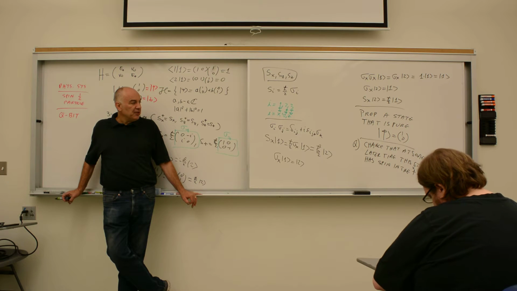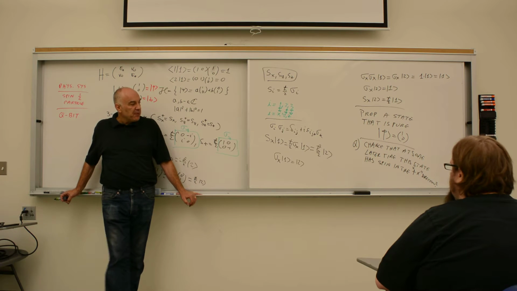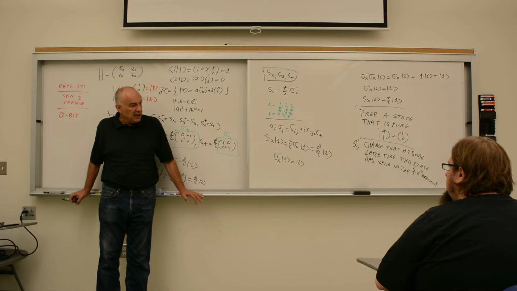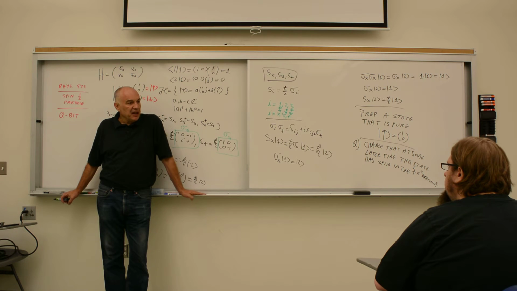So we'll break down solving this problem into two parts. First, we will ask the question: if you have a state prepared to be spin up like this, what is the chance that at t equals 0, that state is composed of a state which actually has polarization in the direction of the x-axis or the y-axis?